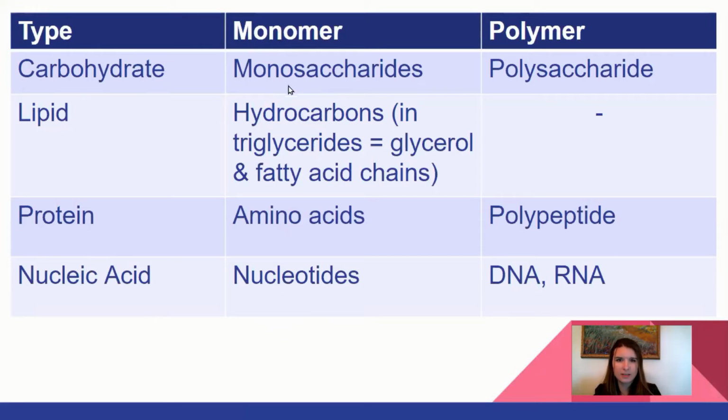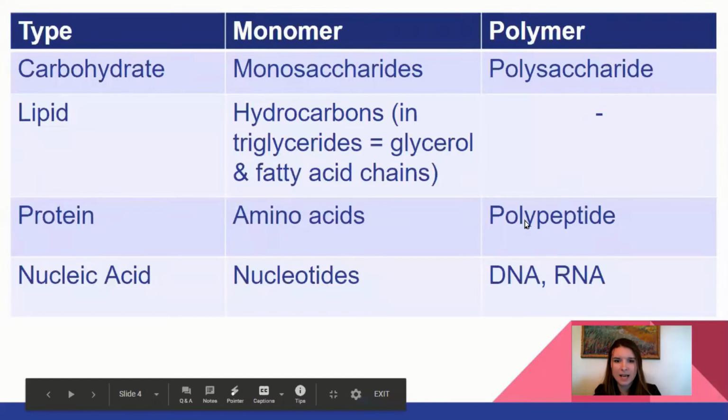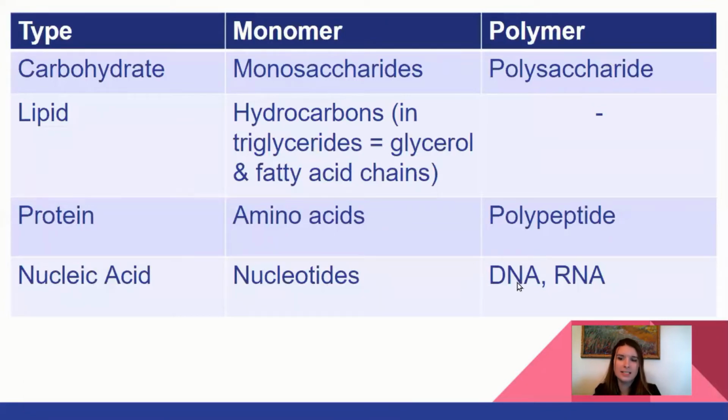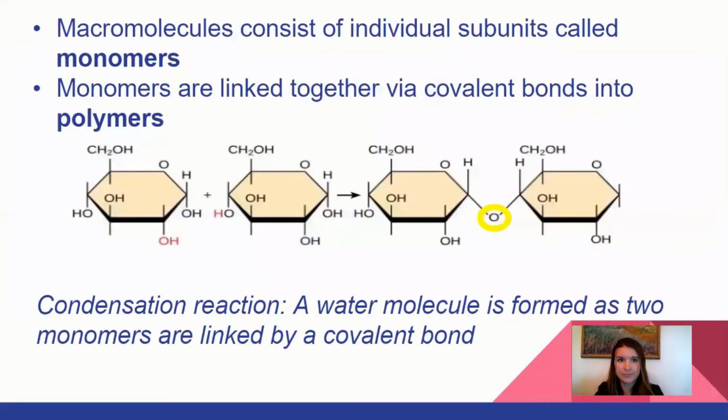When we get to lipids, they'll be called hydrocarbons, and specifically in one of our types of lipids, we'll see the molecule glycerol and fatty acid chains. In proteins, our monomers will be amino acids. In nucleic acids, they'll be nucleotides. Then we'll have names for our bigger polymers like polysaccharides, polypeptides, or proteins, and DNA and RNA. And we'll get to those in the next couple of lectures.